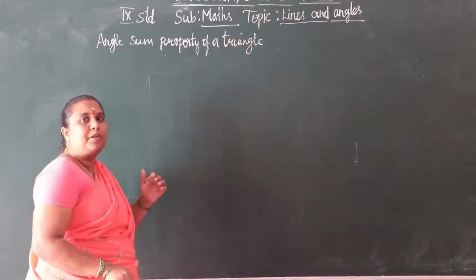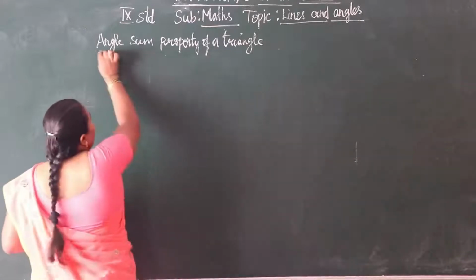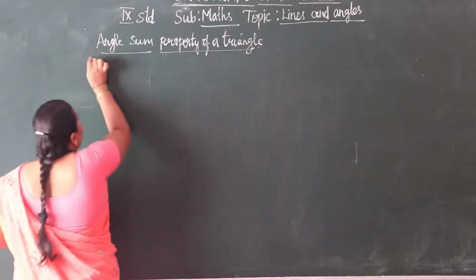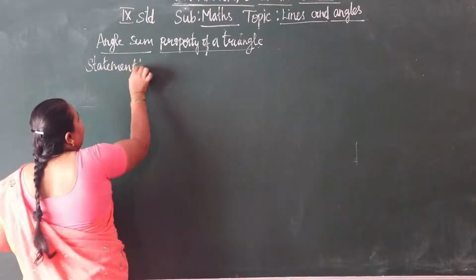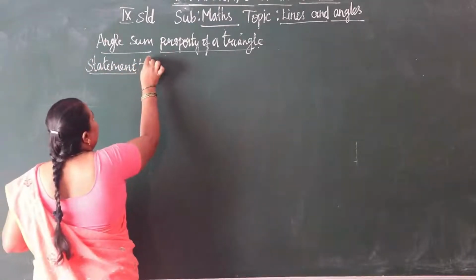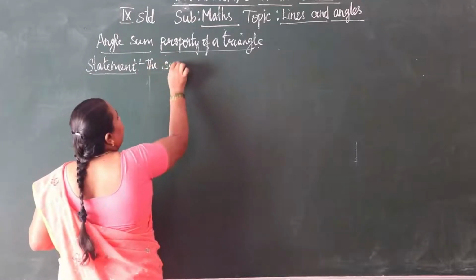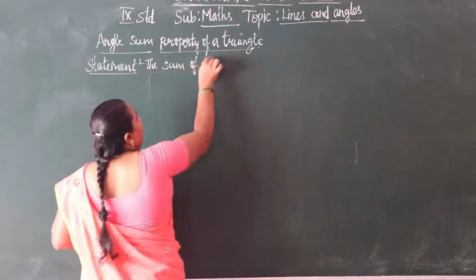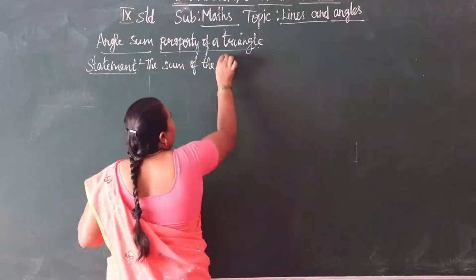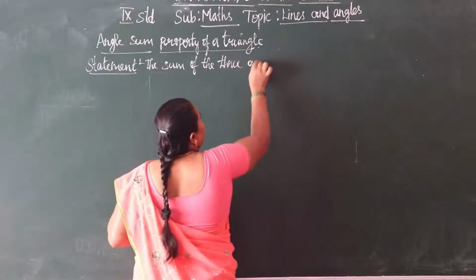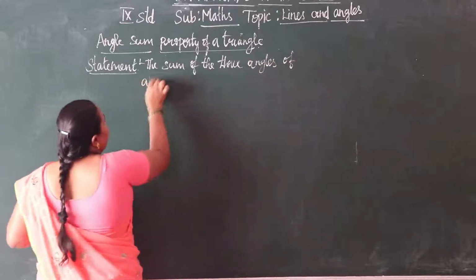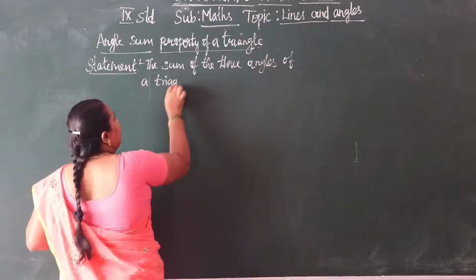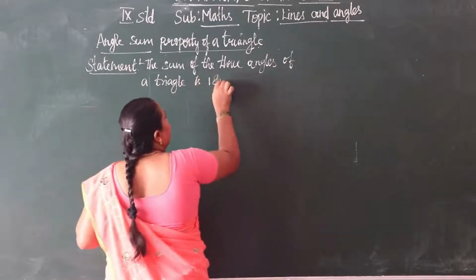See statement first. So I wrote the statement. Now recall the statement. What is angle sum property? The sum of the three angles of a triangle is 180 degree.